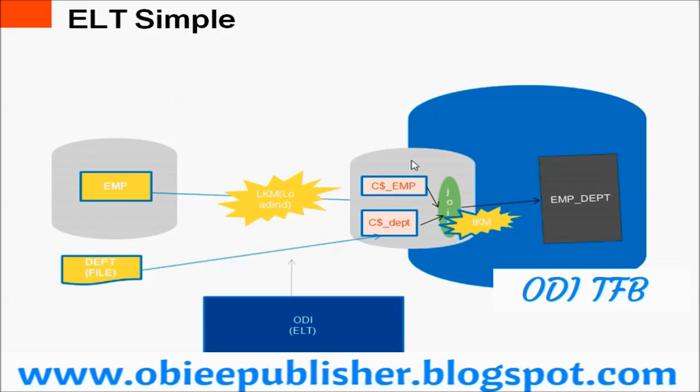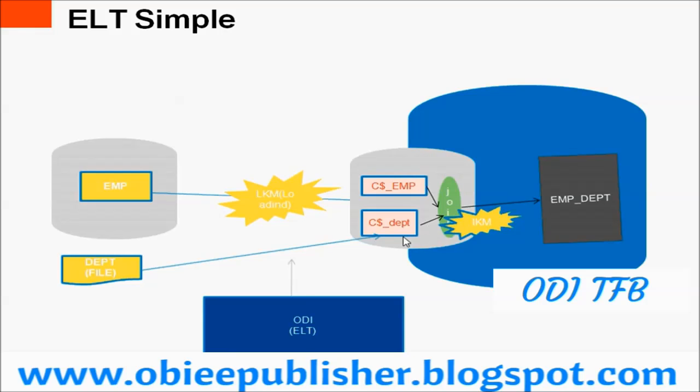I don't care where it is actually. Once the data is loaded here, since both are in the same database and in the form of tables, I want to join these two and load into the target table.